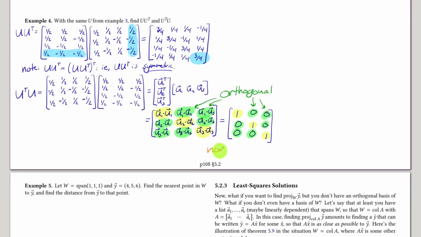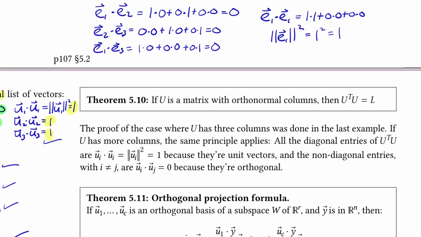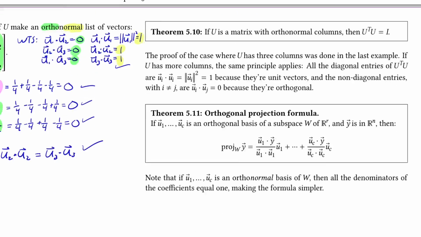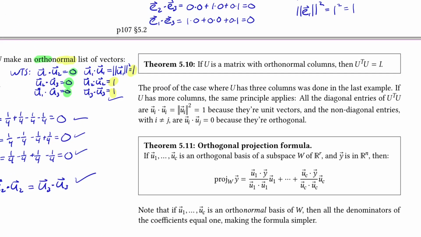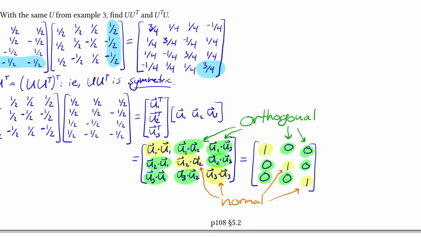And because it's normal, all of the dot products of them with themselves come out to 1. So this is going to be true for any orthonormal list of vectors. And that is exactly what theorem 5.10 says. If U is a matrix with orthonormal columns, then U transpose times U is equal to I. So we basically just proved that in the last example. If you have a longer list of orthonormal vectors, it works basically the same way.